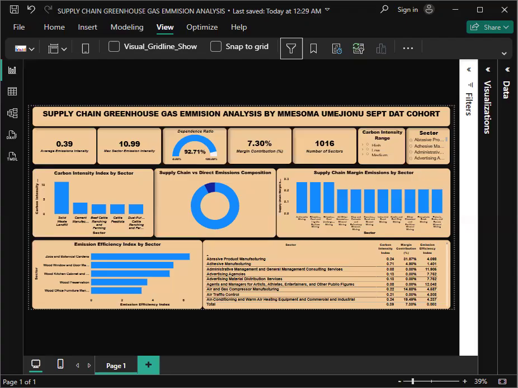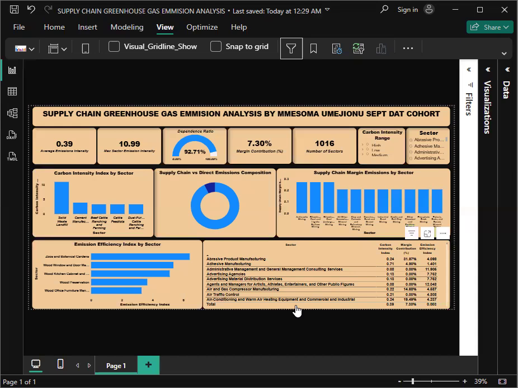Some sectors combine moderate carbon intensity with high margin contributions, making them high priority targets for optimization. So this is generally a table insight of what is happening with the sectors.